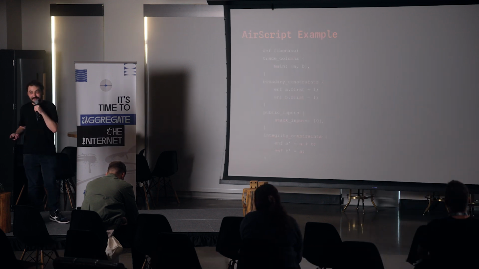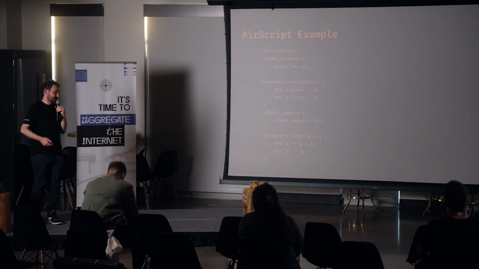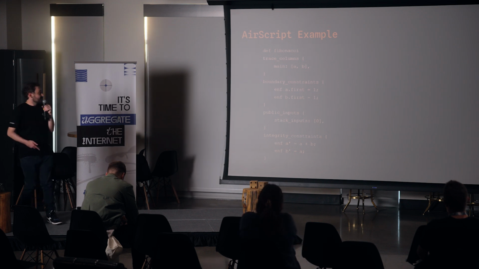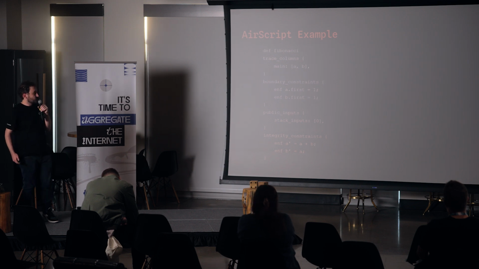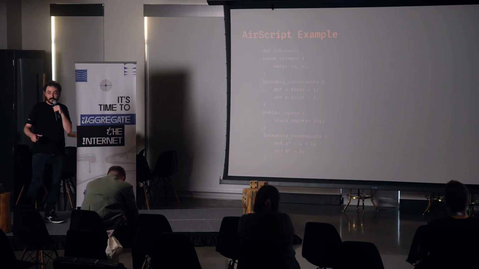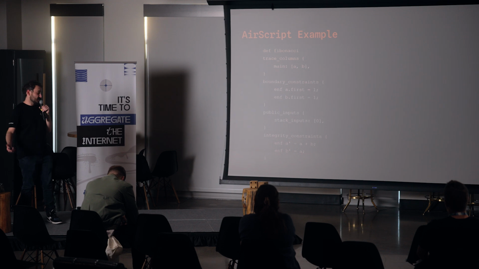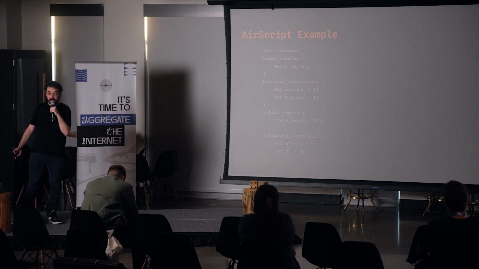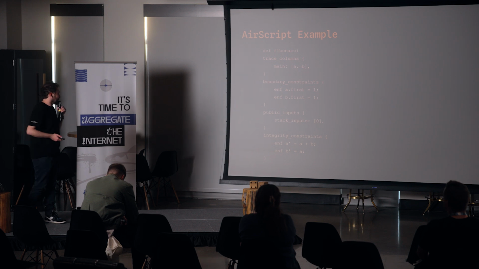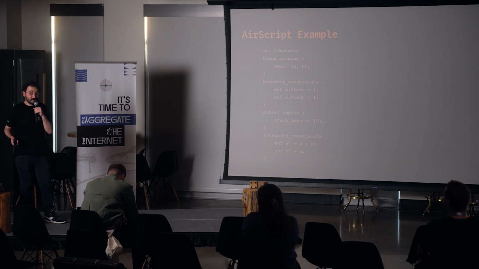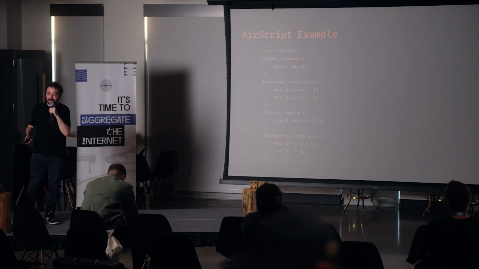This was meant as an example of AirScript, so again, I apologize for the readability. This is a Fibonacci example. So we declare two trace columns, which are the values that we're going to track throughout our execution. We'll name them A and B. This is a fairly simple one, only Fibonacci. So we enforce within our boundary constraint that both of our values start at 1.